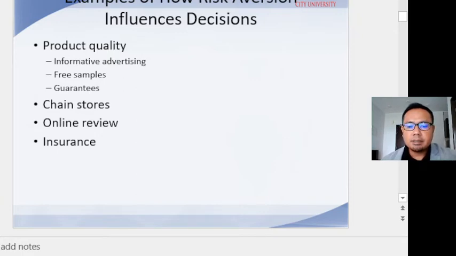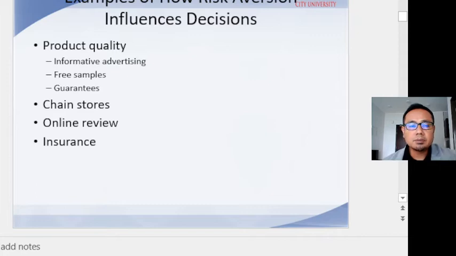Another example that influences consumer decisions, related to risk aversion, is online reviews. This is very common now as we get a lot of information from websites on the internet. The easy flow of information on the internet has simplified the process of submitting and making publicly available consumer reviews.